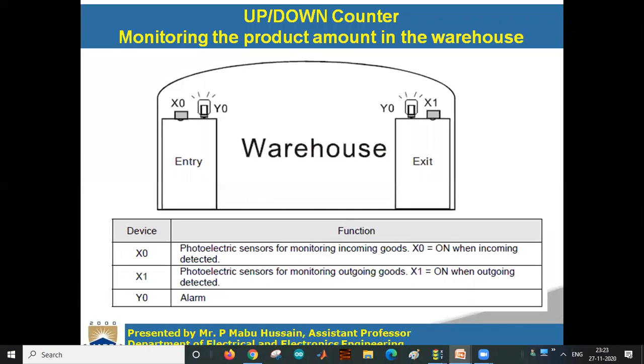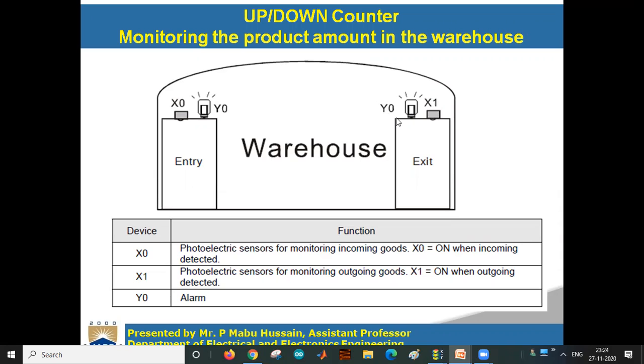For the up down counter, I'm taking one example: monitoring the product amount in a warehouse. You have a warehouse with a certain number of products, and this warehouse has one entry door and one exit door. The products come into the warehouse through the entry and leave through the exit. At the entrance you place one photoelectric sensor, and at the exit also one photoelectric sensor.